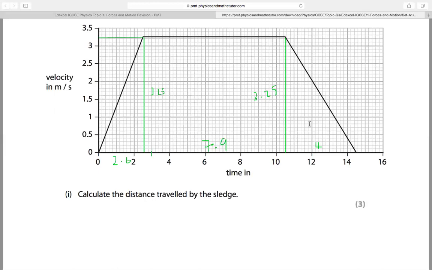And then when I add them all together, I should get 36.4 meter. Okay, let's go on to the next one.